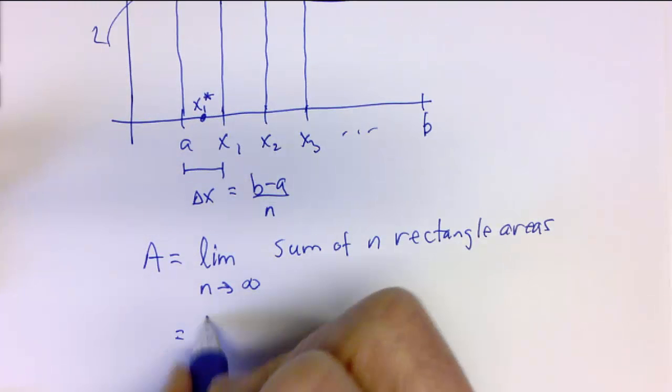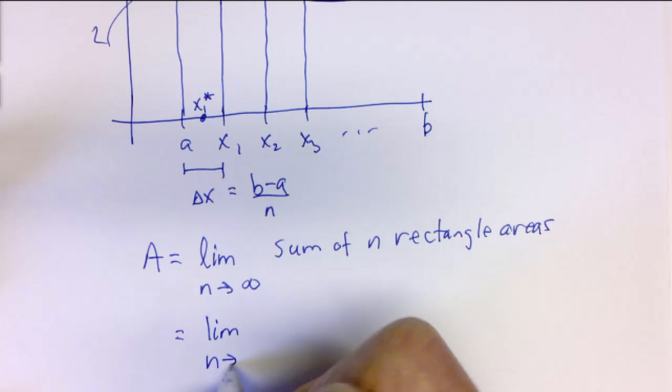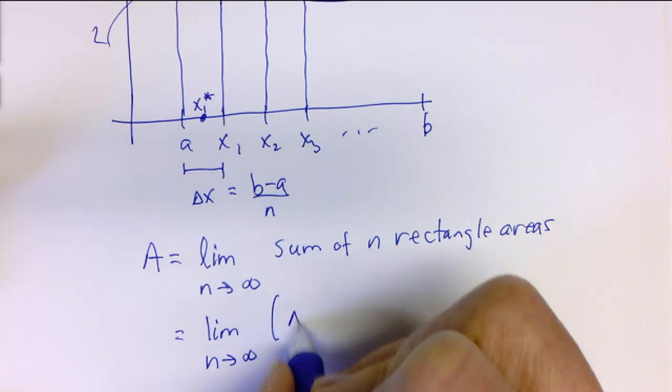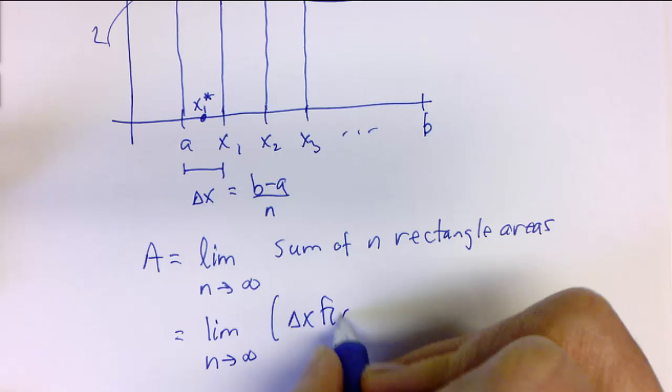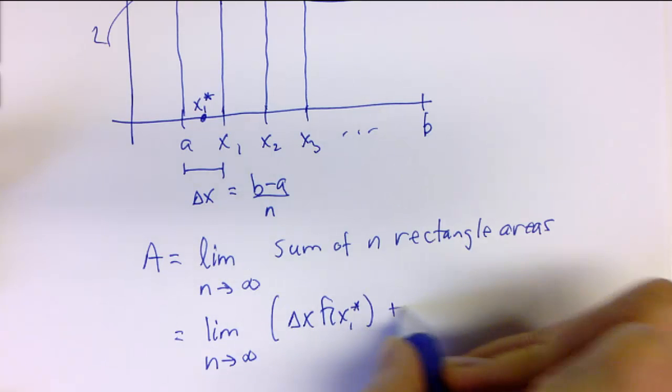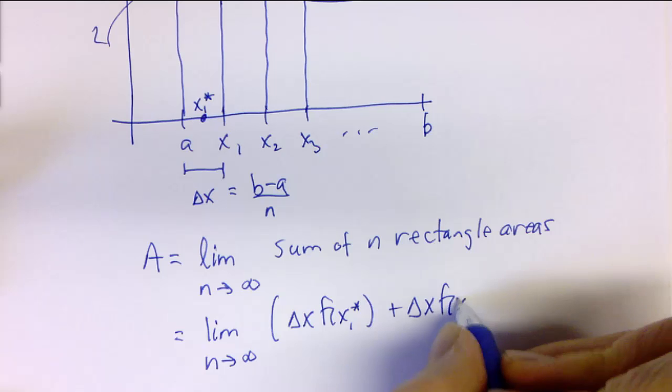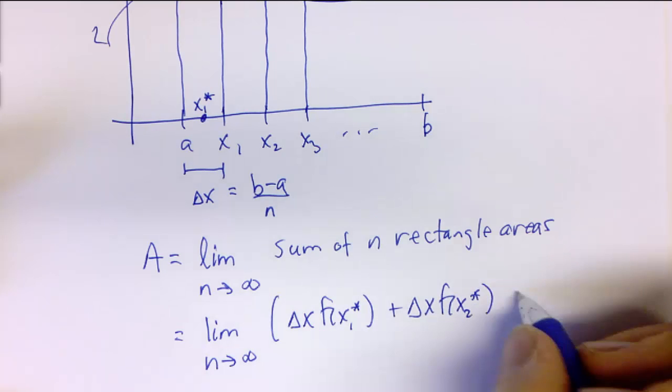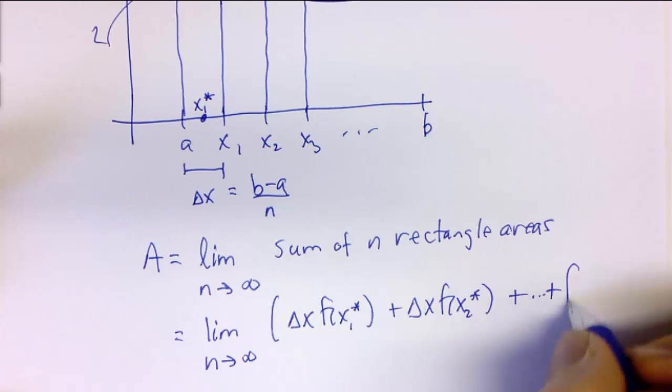So this is the limit, as n goes to infinity, of the area of our first approximating rectangle, plus the area of our second rectangle, and so on. We're going to start with n of these, but remember n here is going to increase.